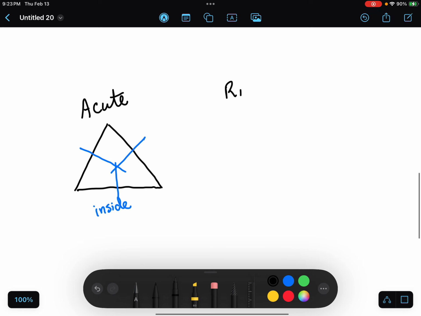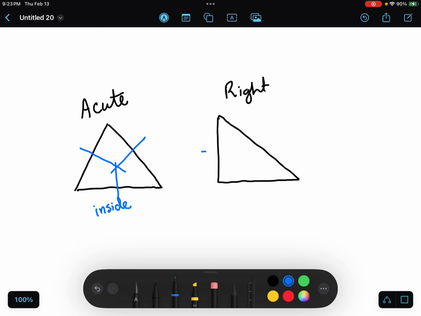If I'm a right triangle, and I do all the perpendicular bisectors, then if you notice where the circumcenter ended up, it's on the triangle.